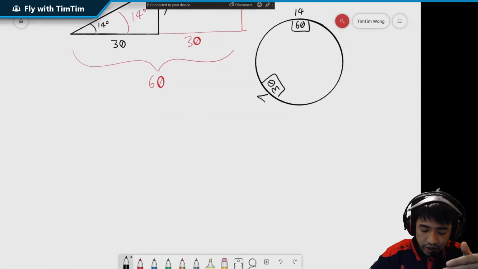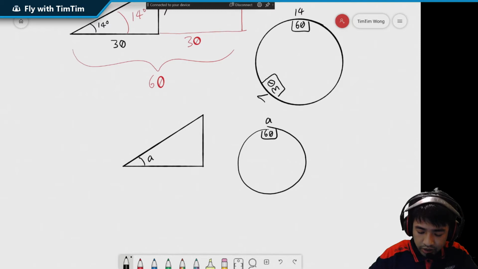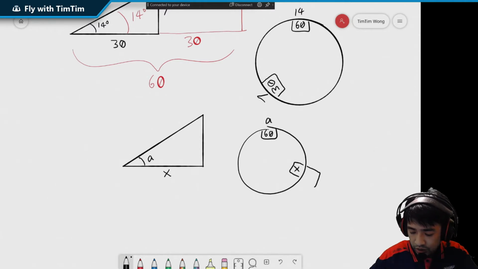So for any angle A, you put A above your 60. And then find the length x with the value here.